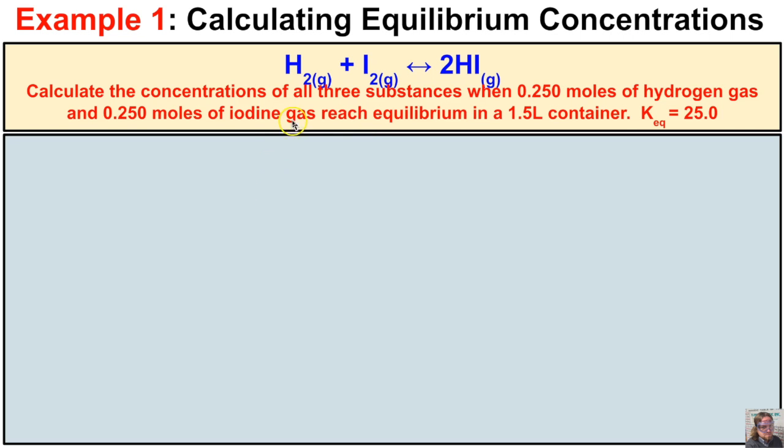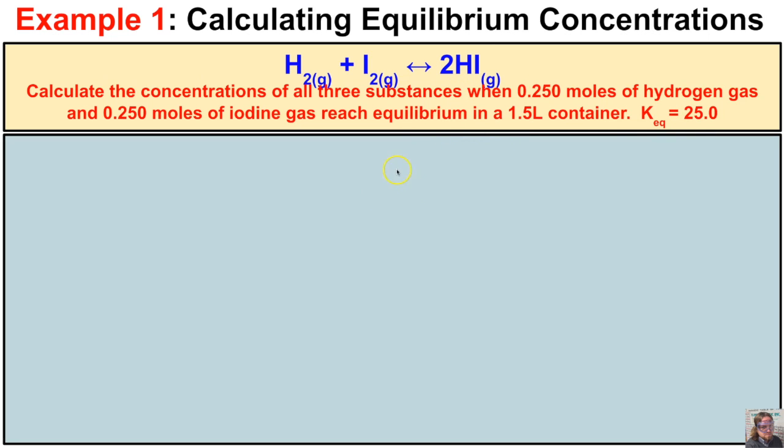In this first example we have H2 gas reacting with I2 gas to produce 2 moles of HI gas, and it says right here that we need to calculate the concentrations of all 3 substances when 0.250 moles of hydrogen gas and 0.250 moles of iodine gas reach equilibrium in a 1.5 liter container, and it tells us the KEQ for this chemical equilibrium here is 25.0.